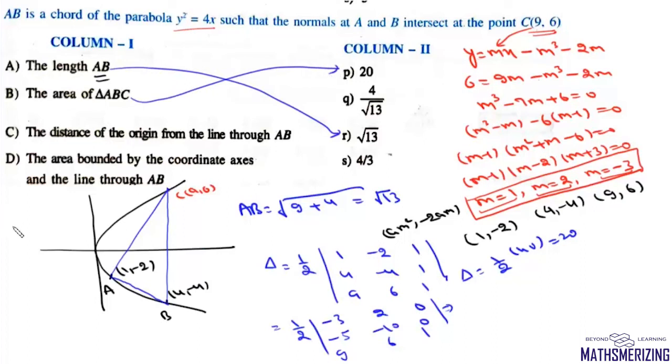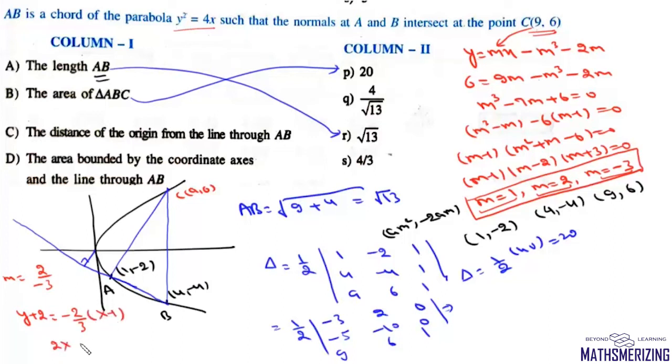Now the third one is the perpendicular distance from origin of this line AB. So here we'll need to find the equation of this line AB. So first we'll find the slope. So its slope will be y2 minus y1 upon x2 minus x1, so it will be minus 2 upon 3, that is minus 2 by 3. And we can write this equation as y plus 2 equals minus 2 by 3 times x minus 1.